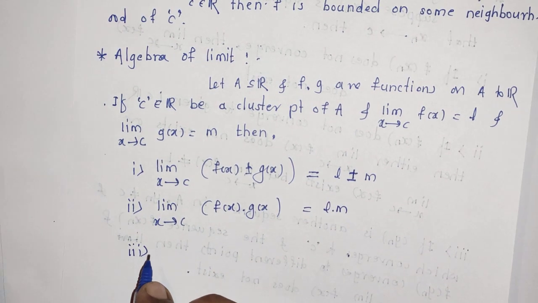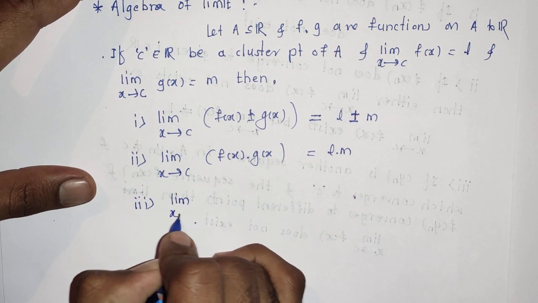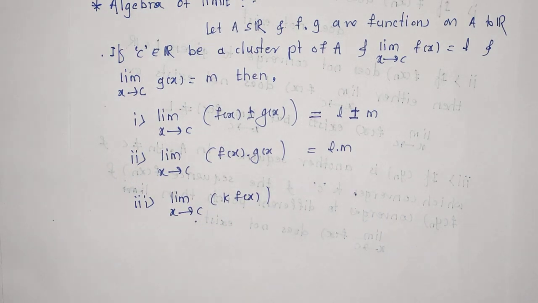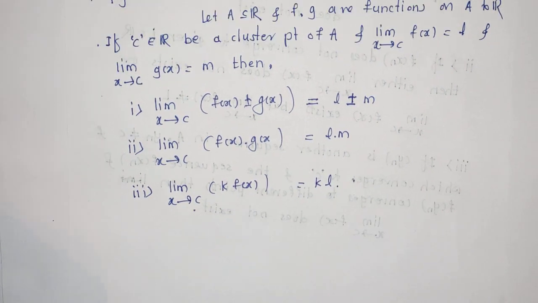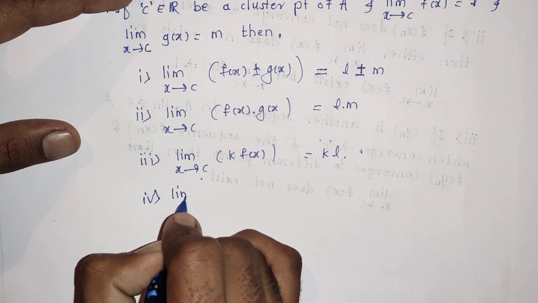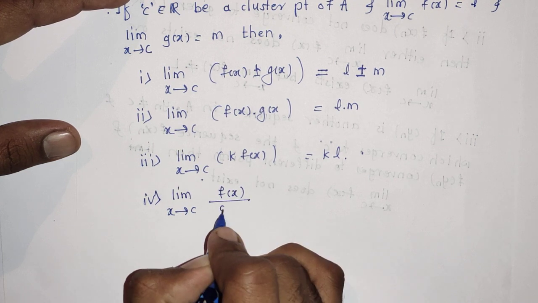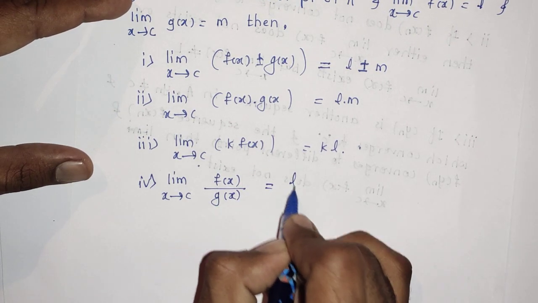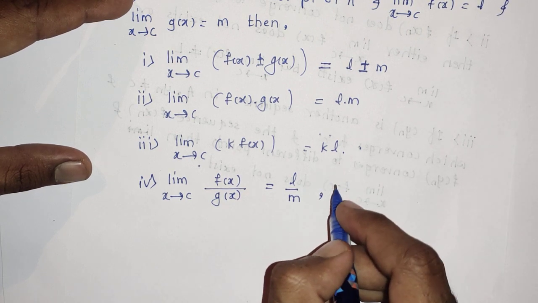Third statement is multiplication by a constant, that is the limit as x tends to c of k into f of x, where k is any constant, is k into L. Now the last one is the limit as x tends to c of f of x upon g of x, which equals L upon m, where g of x is non-zero and m is also non-zero.